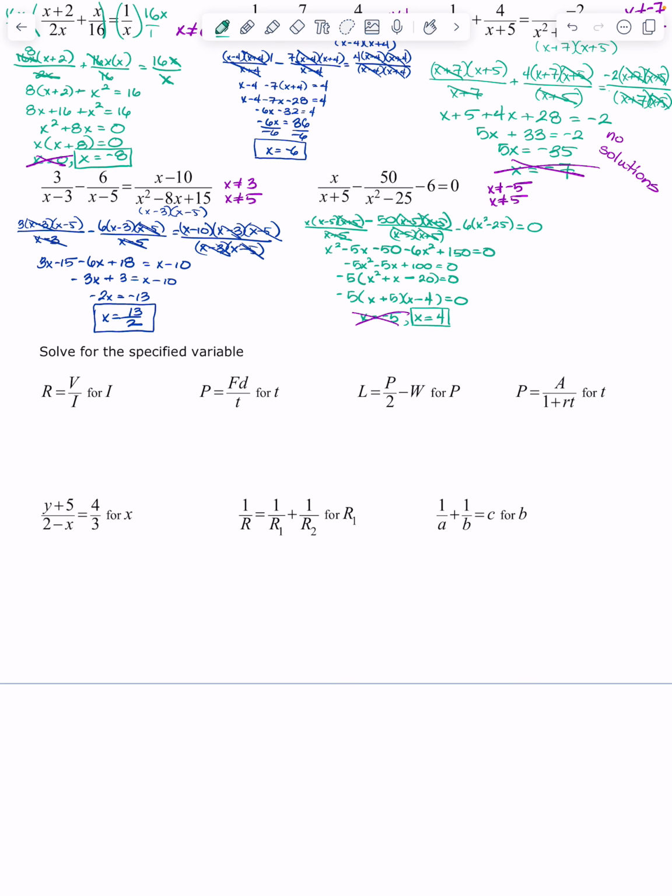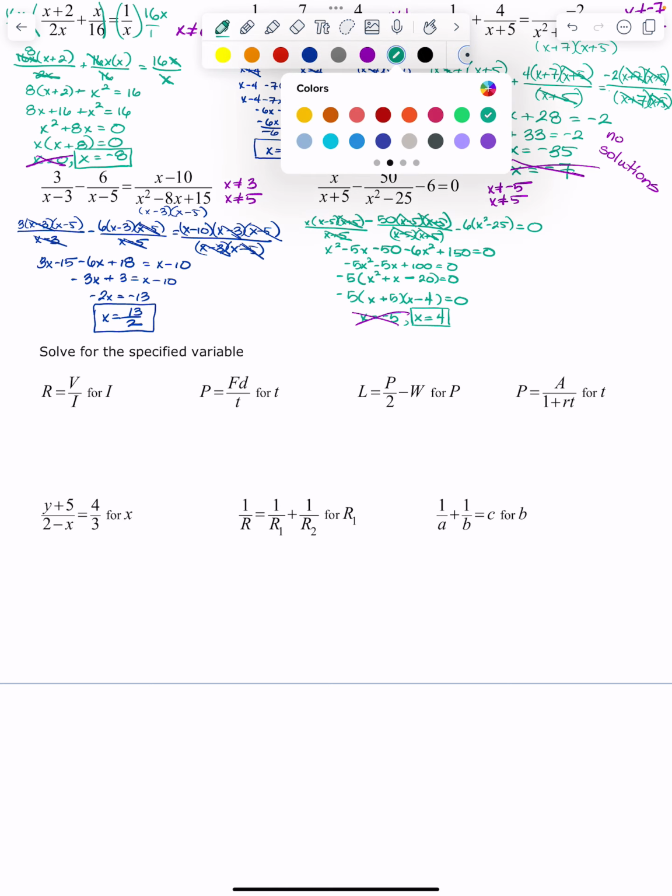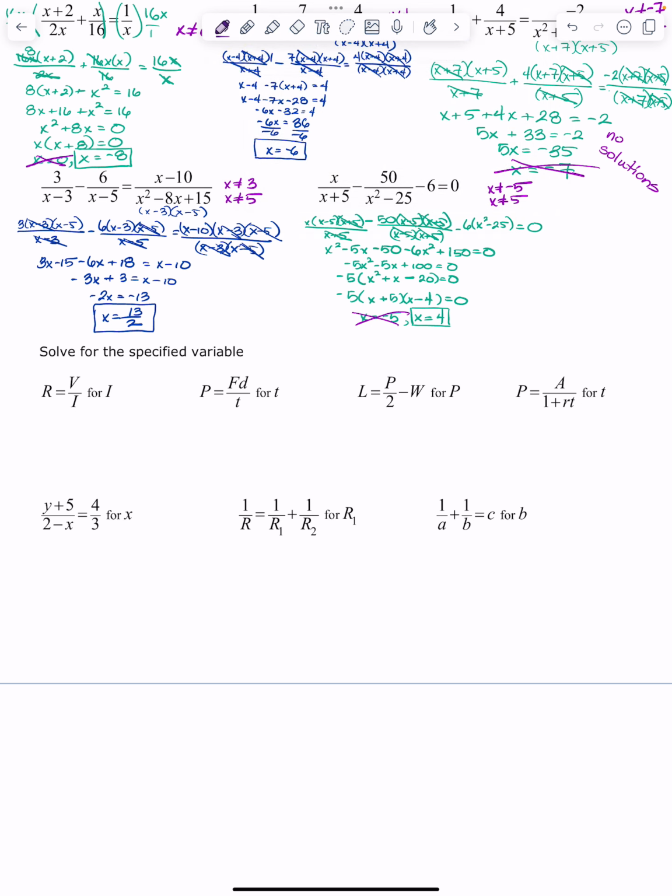Now, solving the literal equations down here. Let me change color. If I want to solve for I, here I need to get I out of the denominator. I'm going to multiply both sides by I, and then I'm going to go ahead and divide by r.